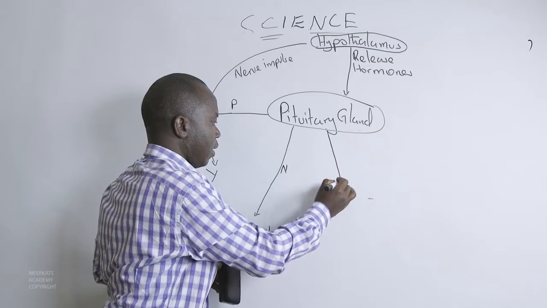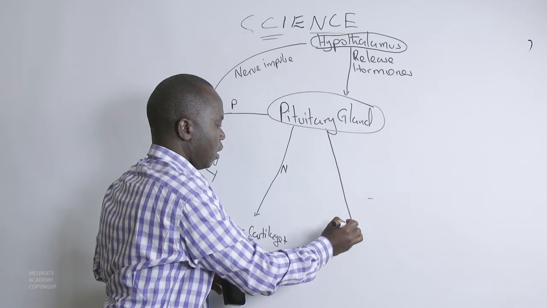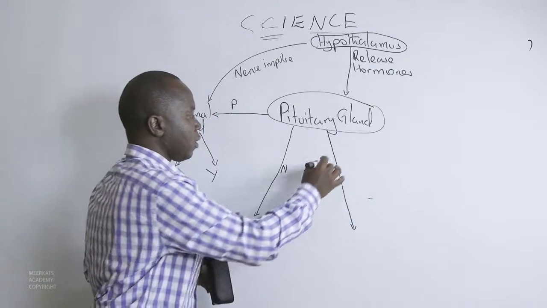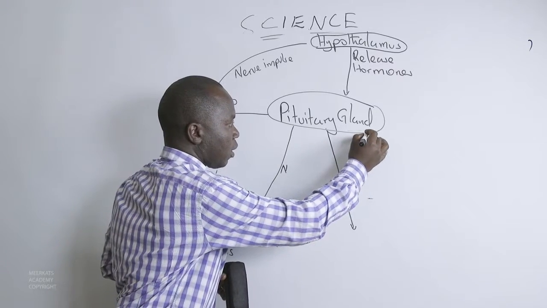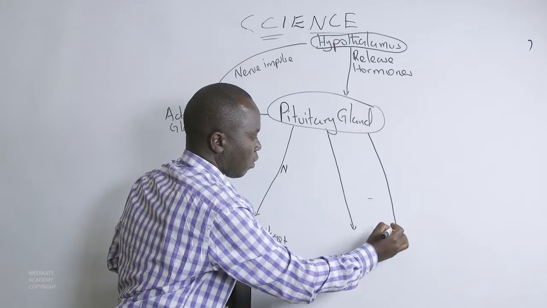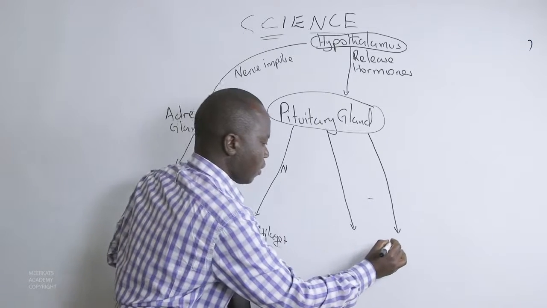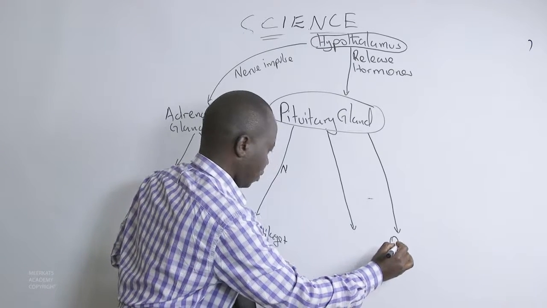Then we have a hormone here and another hormone there. These are the 2 ovaries.